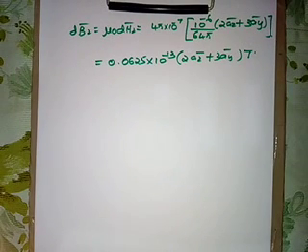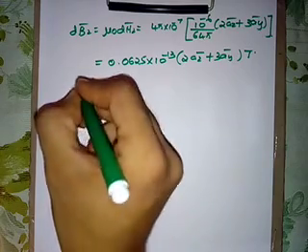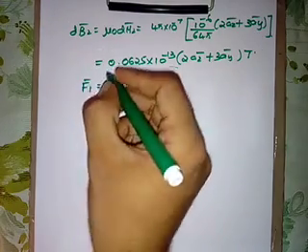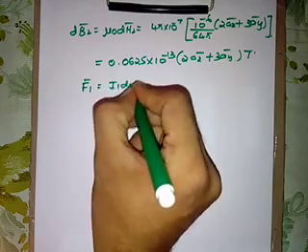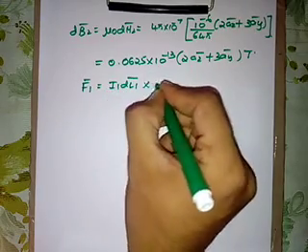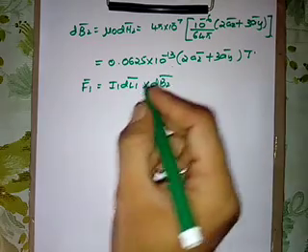Next, the force on I1 dl1 due to I2 dl2, that is the force on the first element due to the second element, F1 bar is given by I1 dl1 bar into dB2 bar.